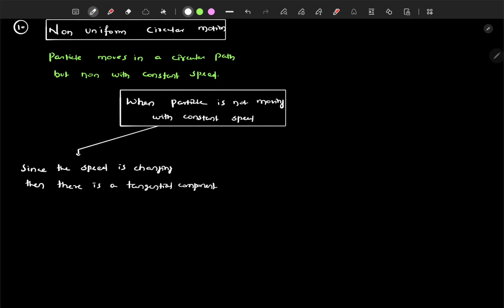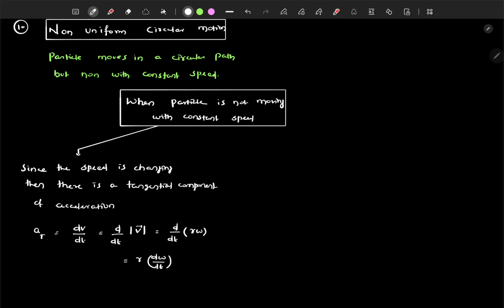In this way you can write, since the speed is changing, there is a tangential component of acceleration. We write tangential acceleration equals dv/dt. Remember this thing. What does v mean? v means the mod of the v vector. That can be written as d/dt of r omega, because v equals r omega. Since r is constant, this is r d omega by dt, and d omega by dt is alpha, so it is r alpha.